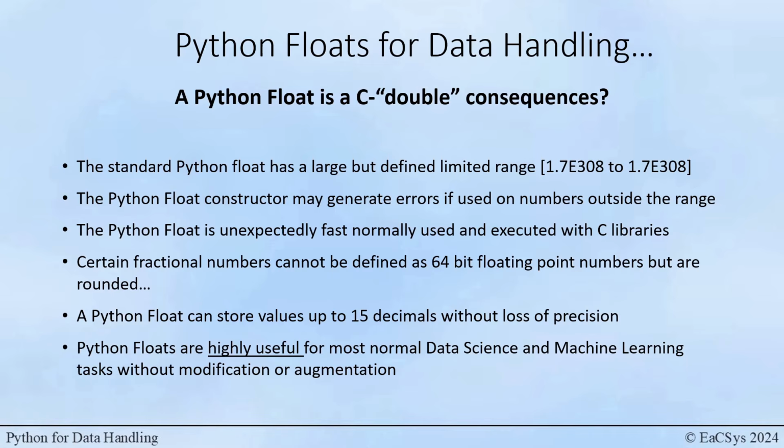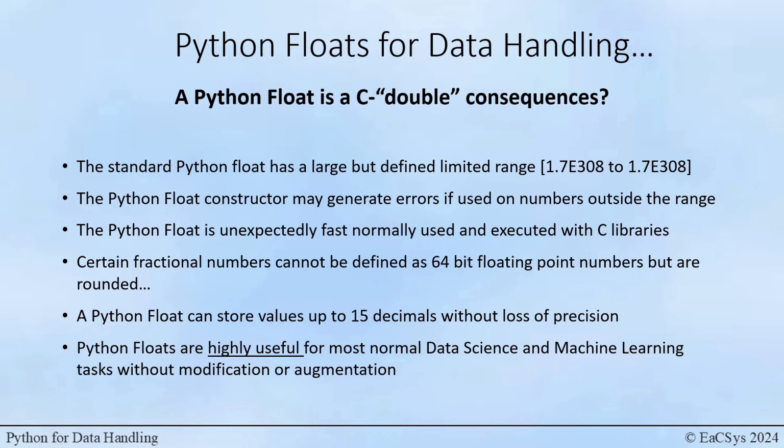The practical implications are that the standard Python float has a large but defined range, as compared to the Python integer, which has unlimited size. It also means that the Python float is unexpectedly fast because it is often executed with C libraries, and C is a very fast language, but one which is very complex to use.